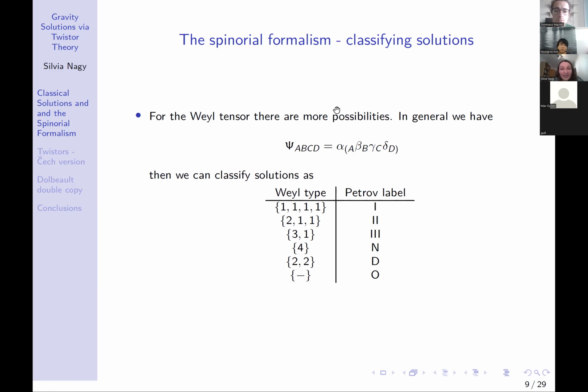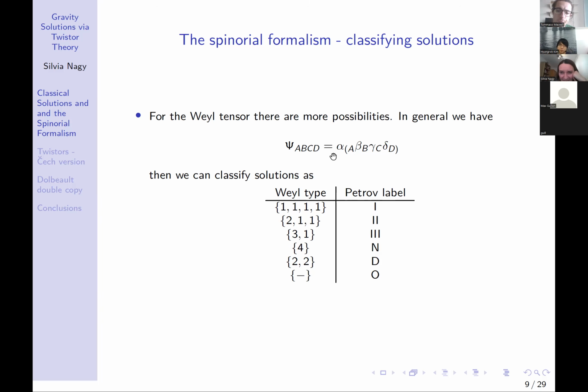Similarly, I can look at the Weyl tensor, or the Weyl spinor, here for gravity. In generality, I can write it as this symmetric product of 4 different spinors. However, now I can have all sorts of different possibilities. So let's see if this table makes sense.